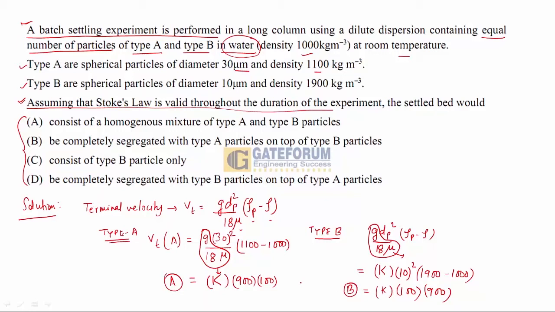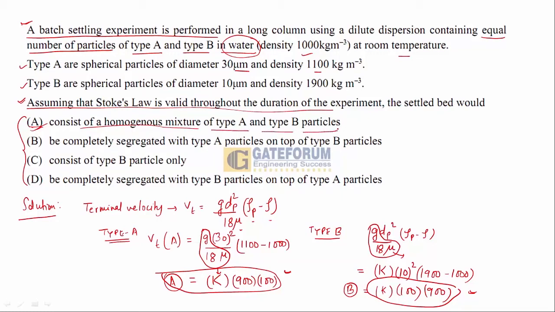So friends, can you see that these two expressions, K into 900 into 100 and K into 100 into 900, are equal, which means that the terminal velocity for both types of particles is the same. So we can say that the mixture will consist of a homogeneous mixture of type A and type B particles, since the terminal velocity for both types is the same.